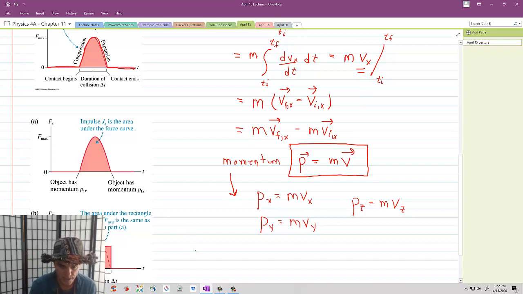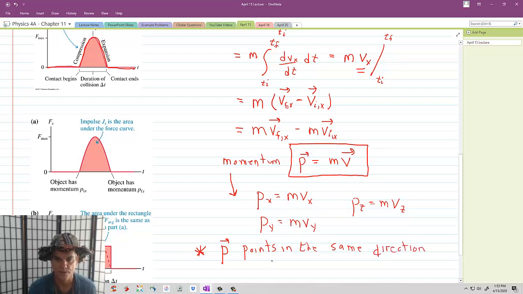So what that means is the direction of the velocity vector and the direction of the momentum vector are exactly the same. So p as a vector points in the same direction as the velocity vector.